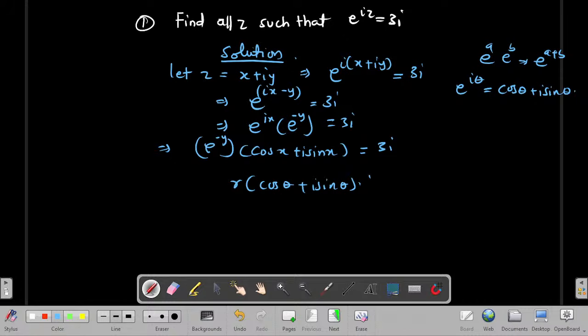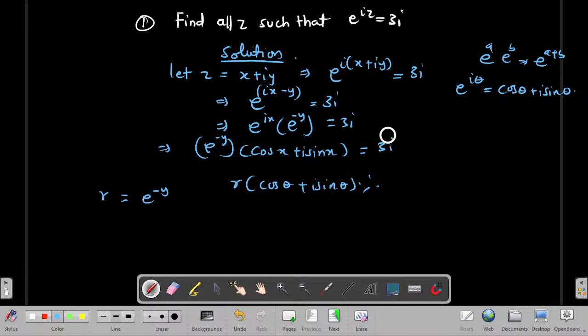So here I'll have my r, which is the modulus, equal to e to the power -y. Then we can equate the r here, which is the modulus, to the modulus of the complex number we have here. So the complex number we have on the right hand side is 3i, which is a purely imaginary number, meaning it doesn't have a real part.